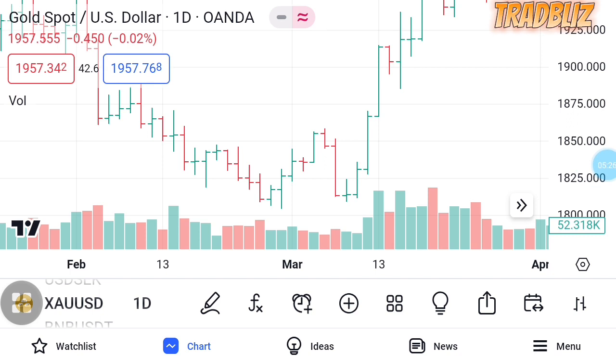Luckily, the sellers were not able to break the price of the buyers. That's why it remained green before it closed for the day and entered the next day, because this is a daily time frame. That is how the bars are formed.